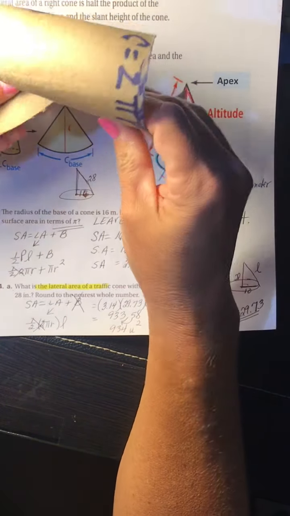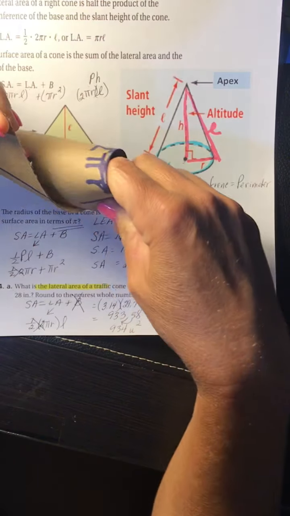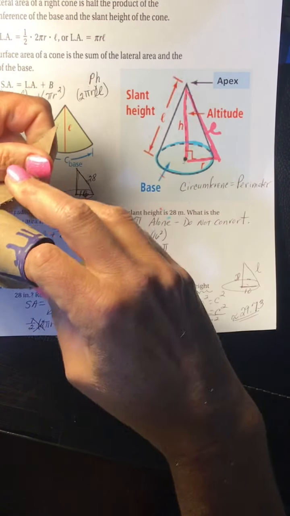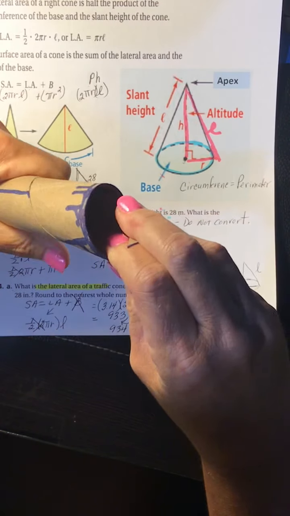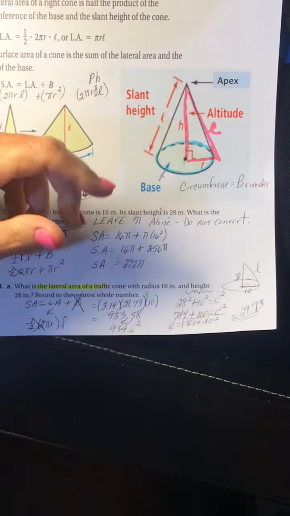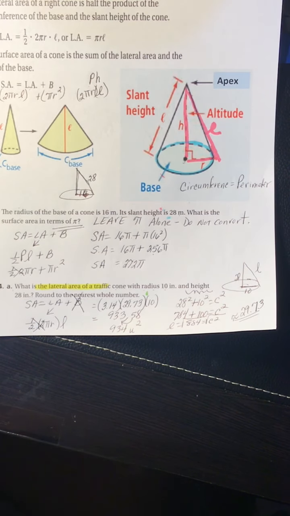If I was to take this and turn it into a cone for drinking, you know what? It would be easier for me to do with a sheet of paper.